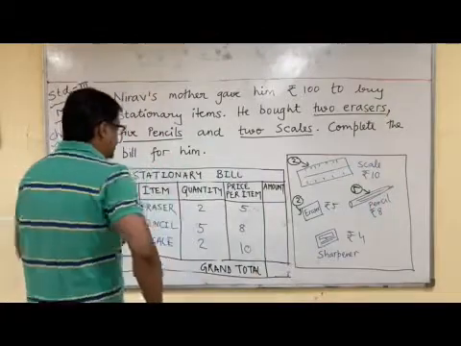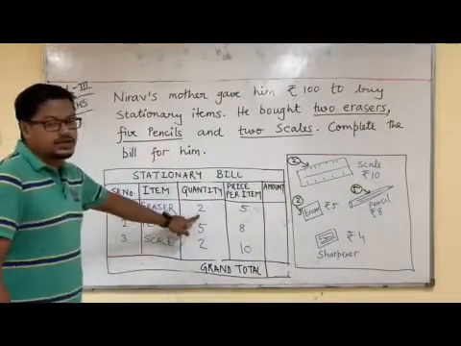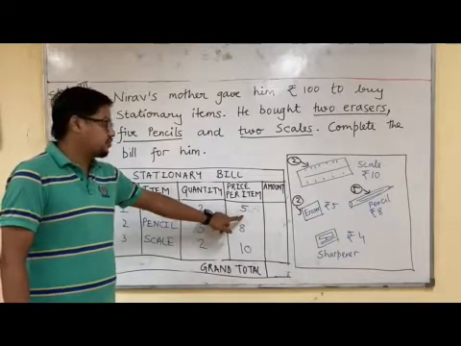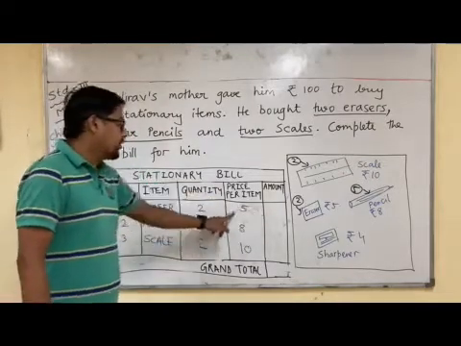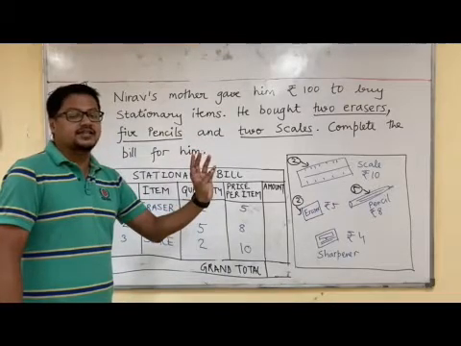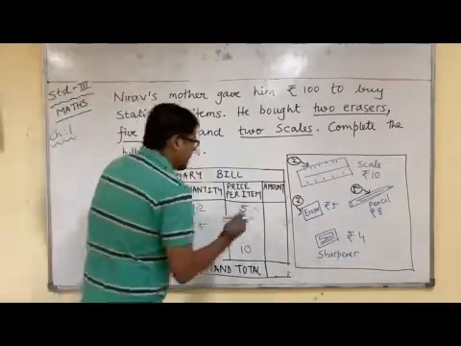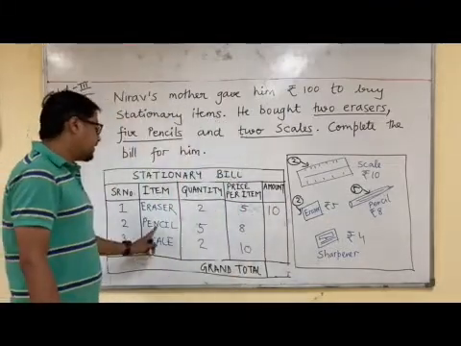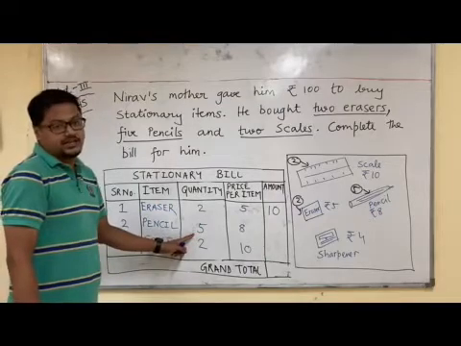The same thing is going on. How many erasers are purchased? 2. What is the cost of one eraser? 5. So what is the amount for erasers? 2 into 5. 2 ones are 2, 2 twos are 4, 2 threes are 6, 2 fours are 8, 2 fives are 10. Correct? Similarly, how many pencils are purchased? 5.